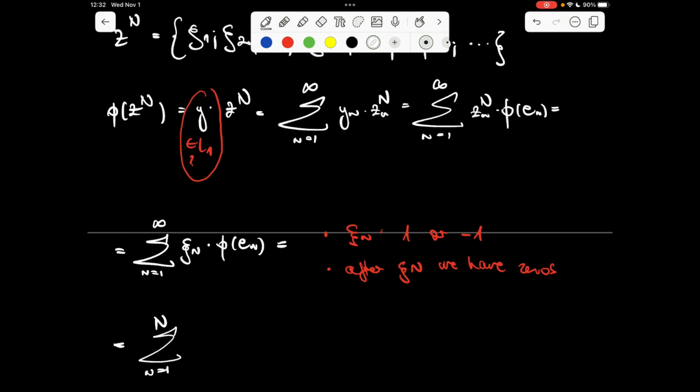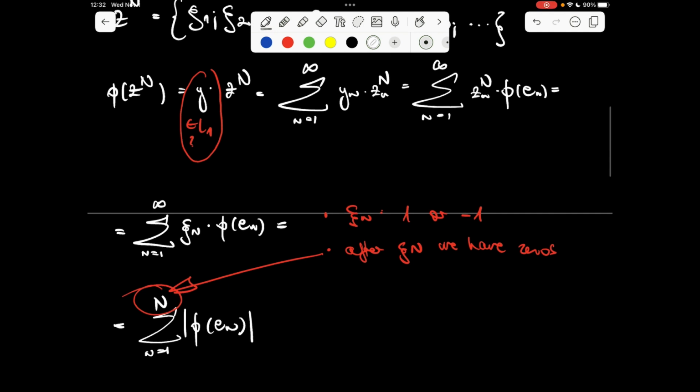Please note it comes from this fact, and it comes from the fact that Cn is 1 or -1, so in absolute value this equality holds.